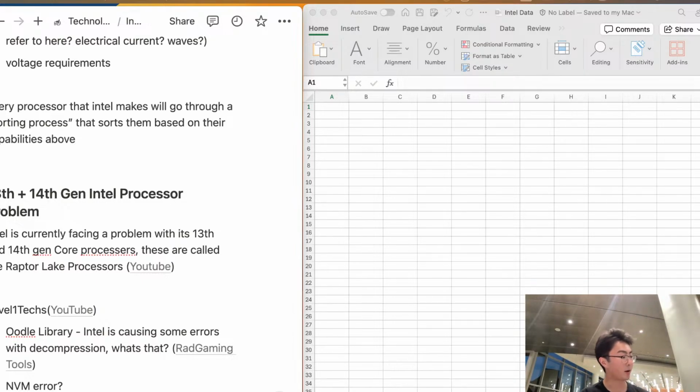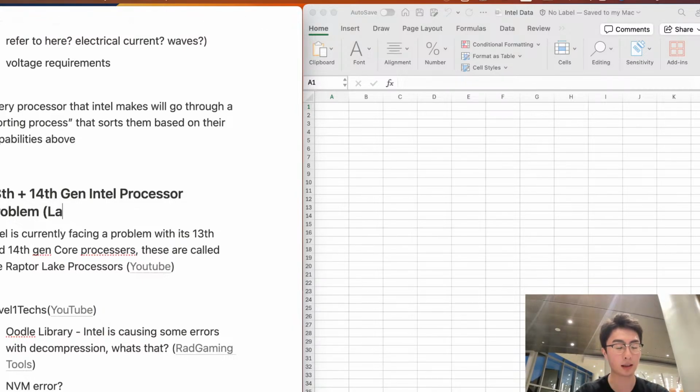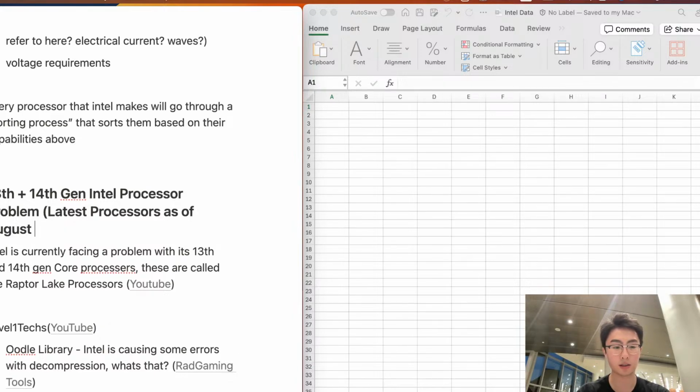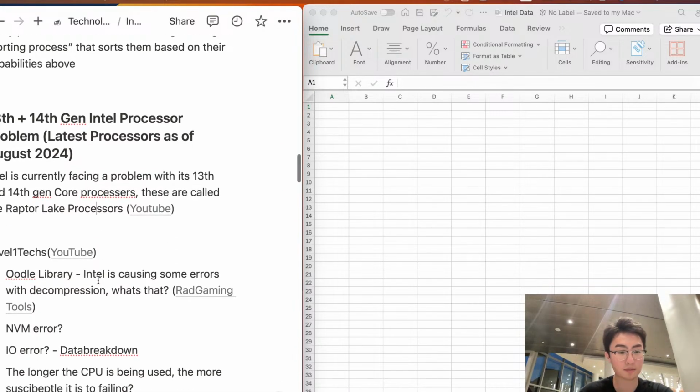Ooh, okay, never mind. So I guess the 14th gen is the latest. So these are the latest processors as of August 2024. These are the Raptor Lake processors.